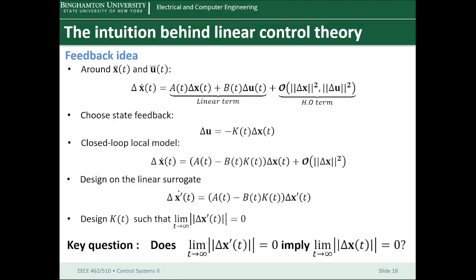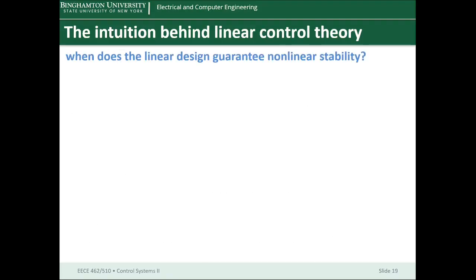If we answer this question, we can answer what's the intuition behind the linear control theory. I want to answer this question using an important result from nonlinear dynamical system theory. The key question is, when does a linear design actually guarantee stability? Why do I say stability?